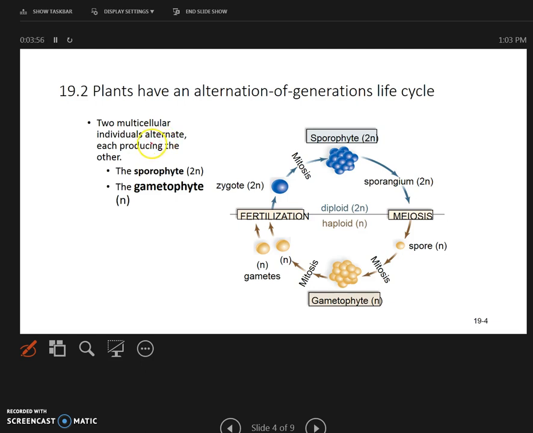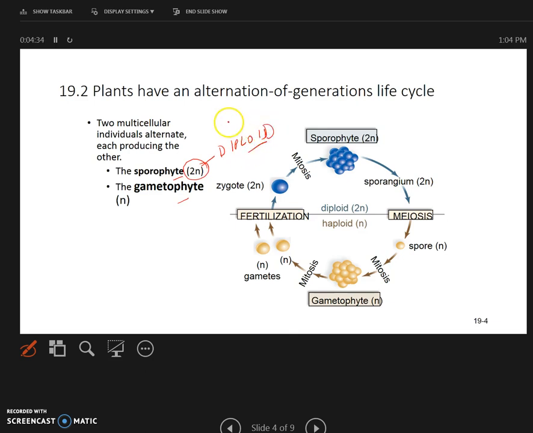The regular alternation of forms or modes of reproduction in the life cycle of an organism, such as alternation between diploid and haploid, or sexual and asexual, is called alternation of generations. In simpler words, two multicellular individuals alternate: first a sporophyte and then a gametophyte. The sporophyte is diploid. 2N means diploid.